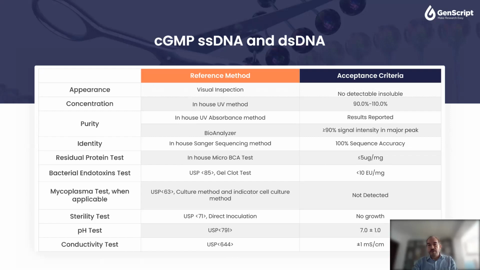Over 90% signal intensity has to be in the major peak, over 100% sequence accuracy. Very low residual protein, very low endotoxin levels, no detectable mycoplasma, absolutely sterile with no growth, pH testing within plus or minus 1 unit of pH 7, and very low conductivity.